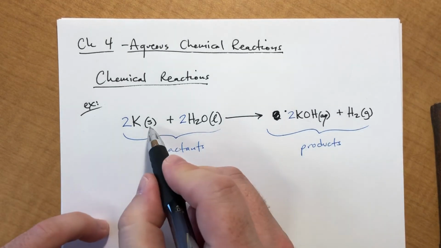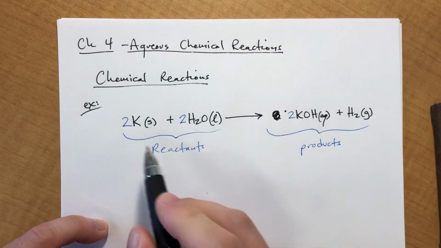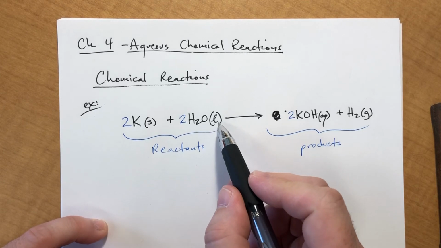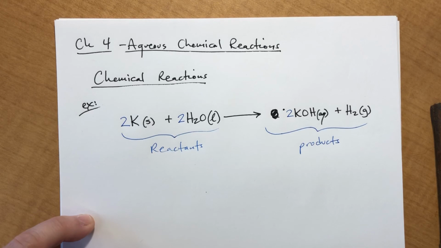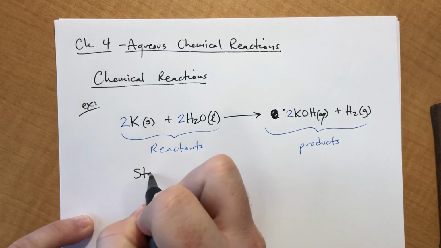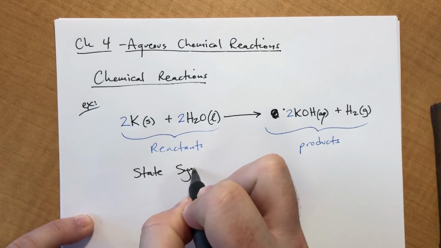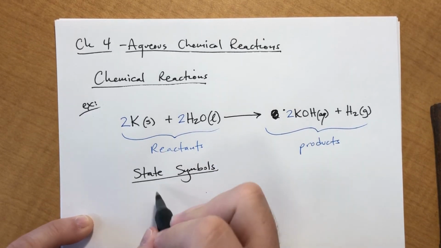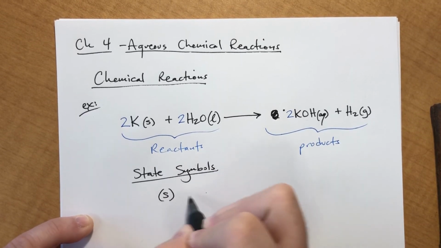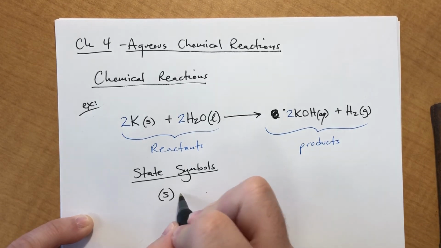Real fast, I also want to define these little guys in parentheses. Not every single equation you'll encounter has these things in parentheses. They're called state symbols. They are common enough, though, that you should probably know what they are. Most of these are fairly obvious. S means solid.